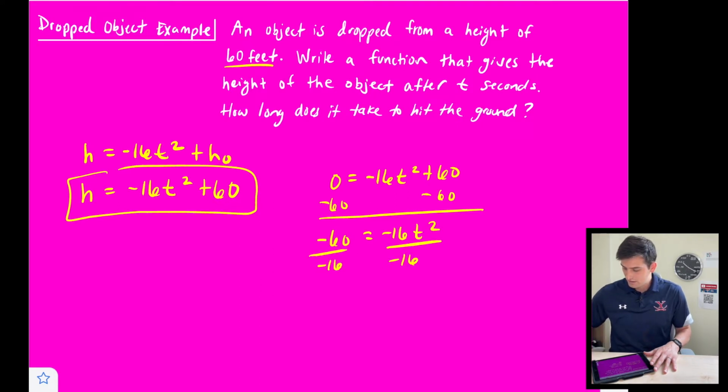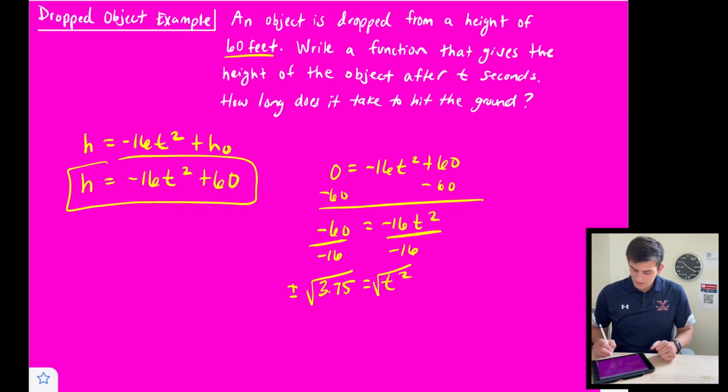So we'll do this in our calculator. And we get 3.75 is equal to t squared. And now let's take the square root of both sides. So we'll do the square root of 3.75. And this is positive or negative, right?